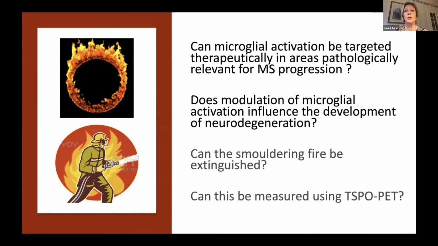So this raises some questions like, could this harmful microglial activation be targeted therapeutically? Or does the modulation of microglial activation influence the development of neurodegeneration? In other words, can the smoldering fire be extinguished? And could this be measured using TSPO PET?